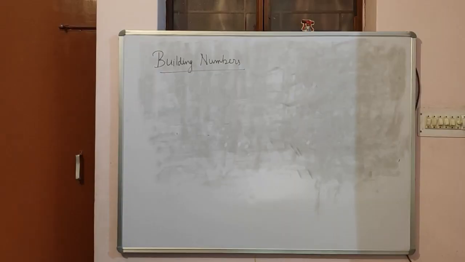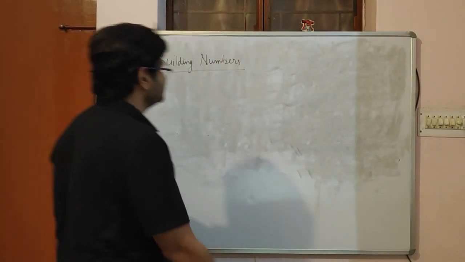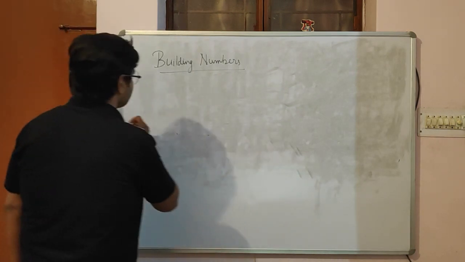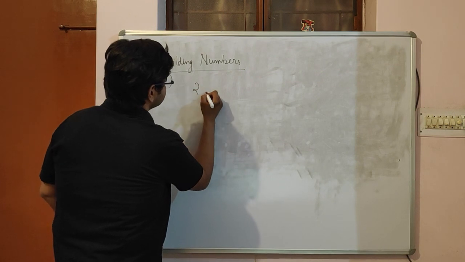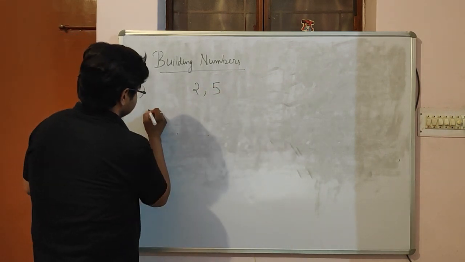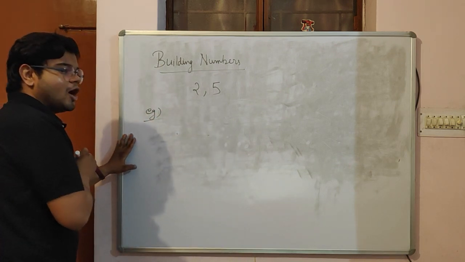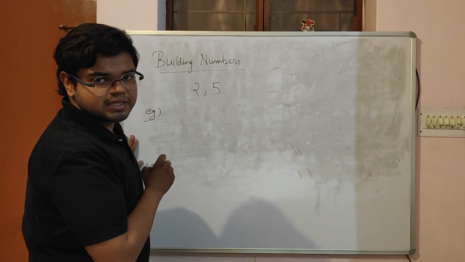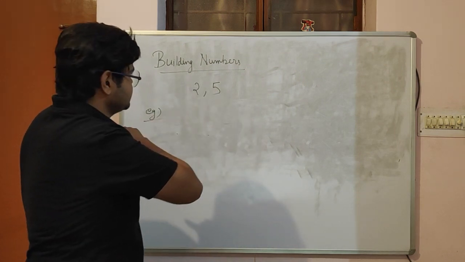So children, the next example that we'll be taking, let us take two digits, 2, 5. An easy example. 2 and 5. How many two-digit numbers can we form from these two digits?